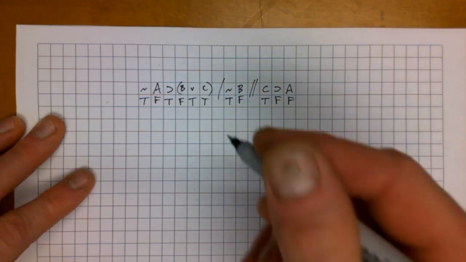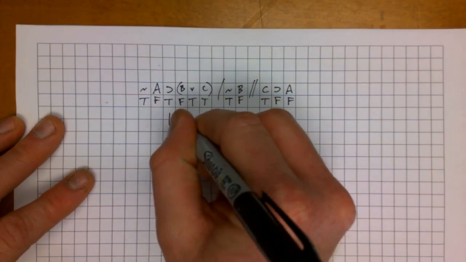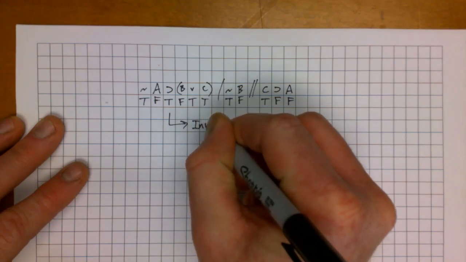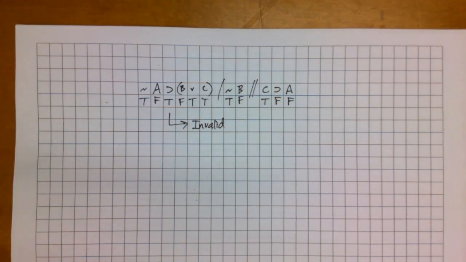And if I do not run into an error, then I have proven that the argument is invalid. Because again, we started by assuming that the argument was invalid, and by working backwards, we were able to consistently create a line without running into a logical contradiction.